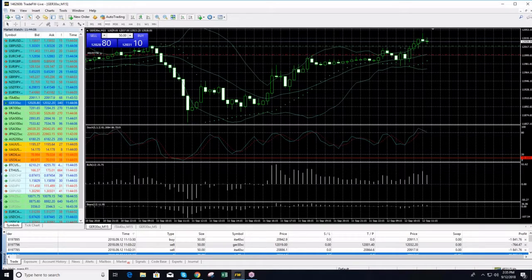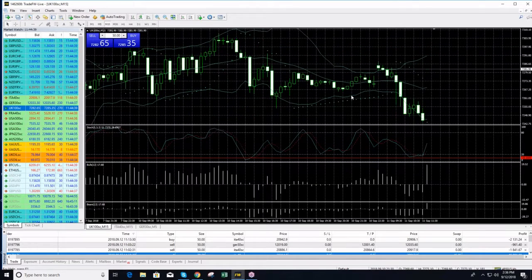I'm okay with this. I have to wait for this trade on Italy 40 and we will see.